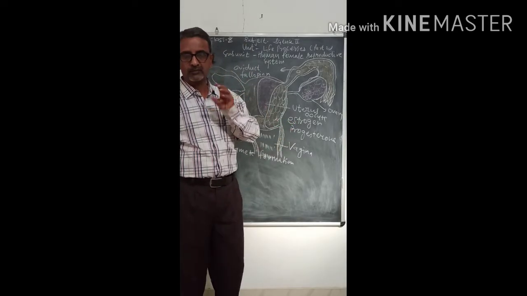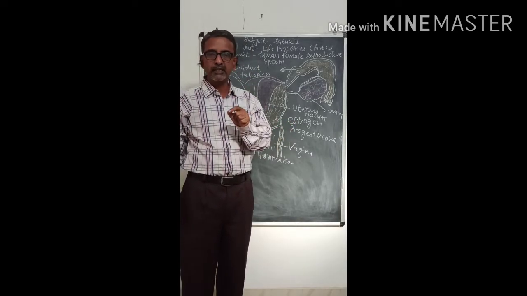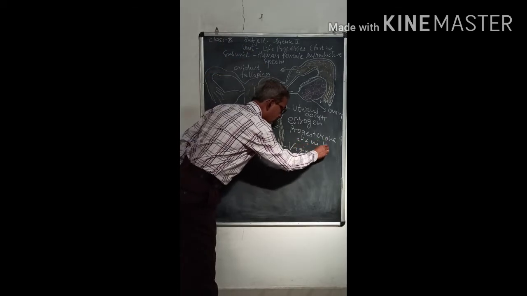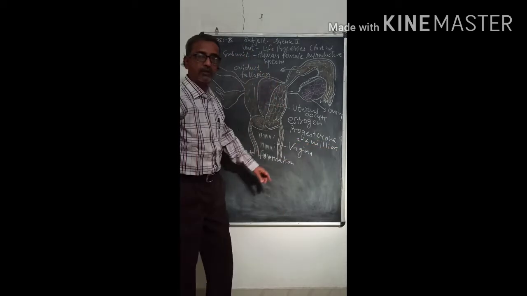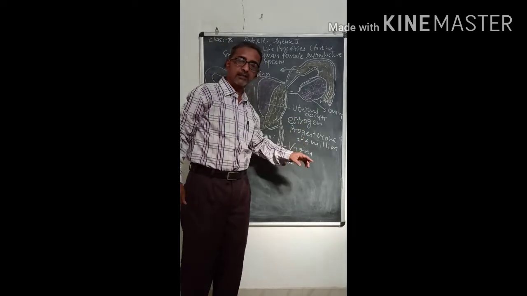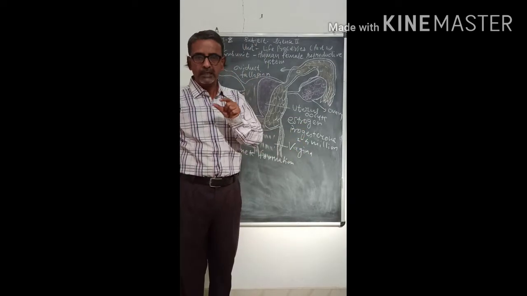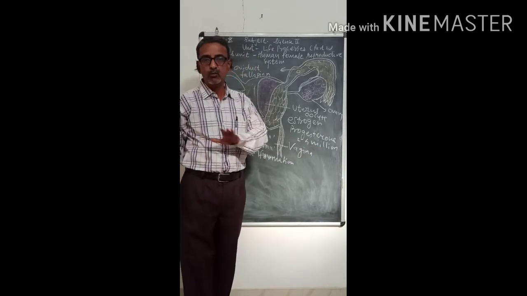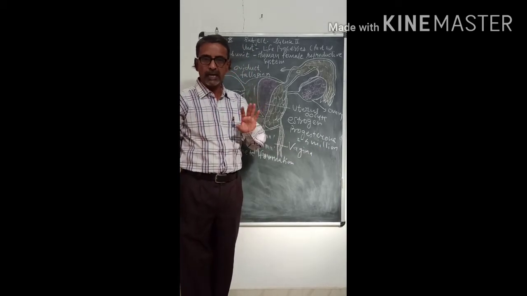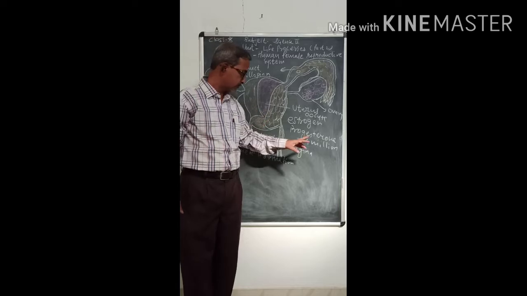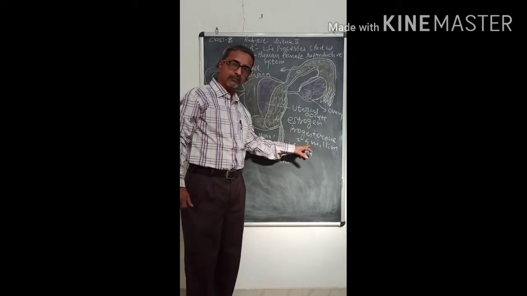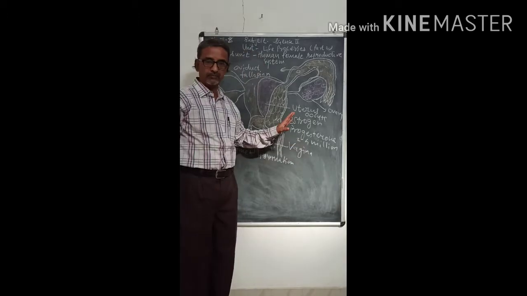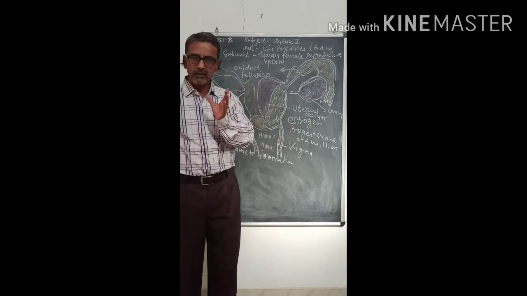At the birth, a female fetus contains 2 to 4 millions of oocytes in its ovary, which are immature, and they remain immature till puberty.